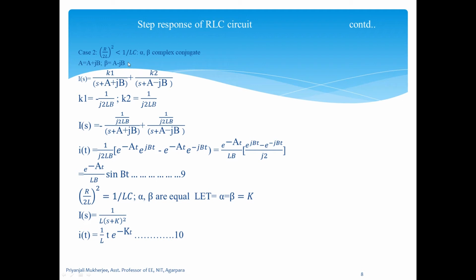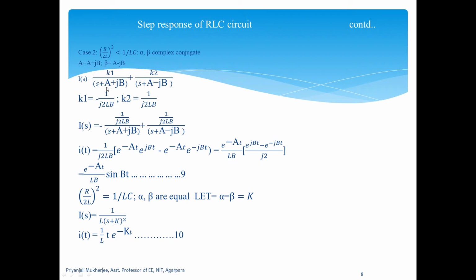For the next case, we consider that (R by 2L) whole square is less than 1 by LC, and here alpha and beta become complex conjugates. So we consider alpha equal to A plus jB, and beta equal to A minus jB.